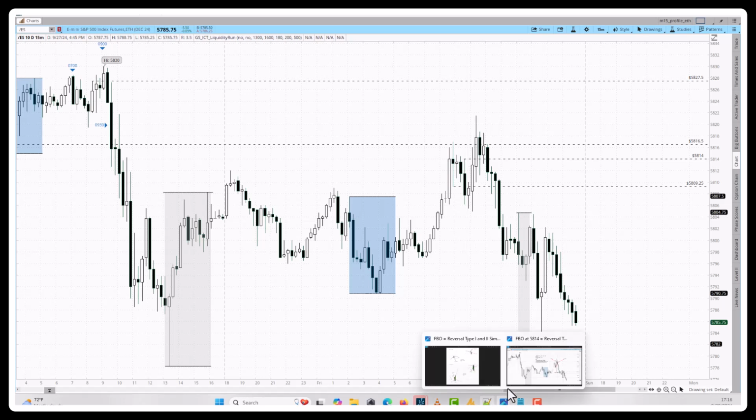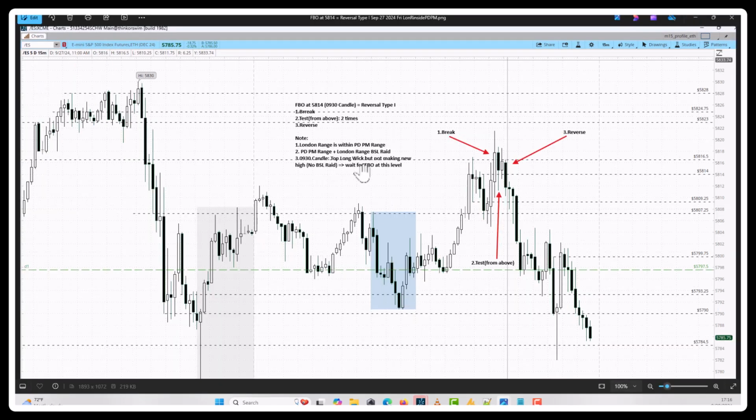The reason why we put it right here, we notice the 9:30 has a long wick on the top. However, it's not making a new high. Basically, no buy target rated. Then we have to wait for this level. We do not take short right here. We have to wait for that level to create a 4 breakout setup, which is exactly what happened.